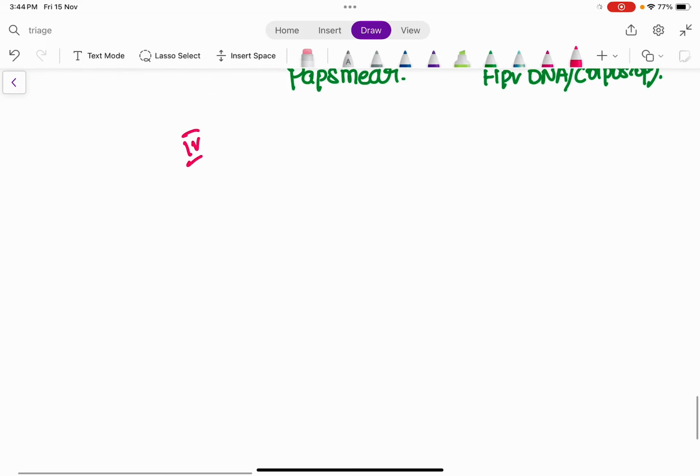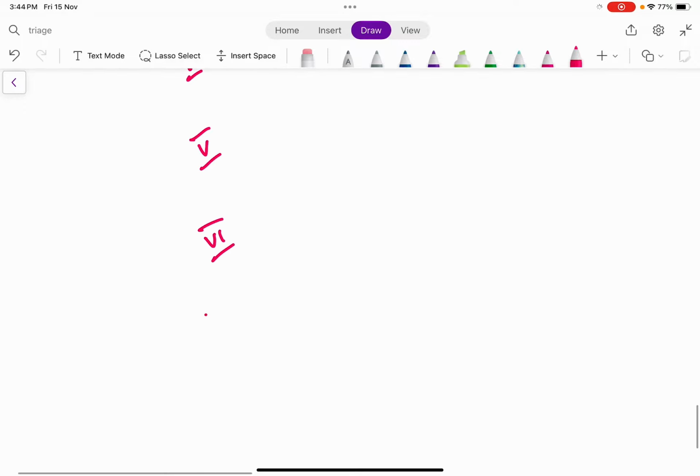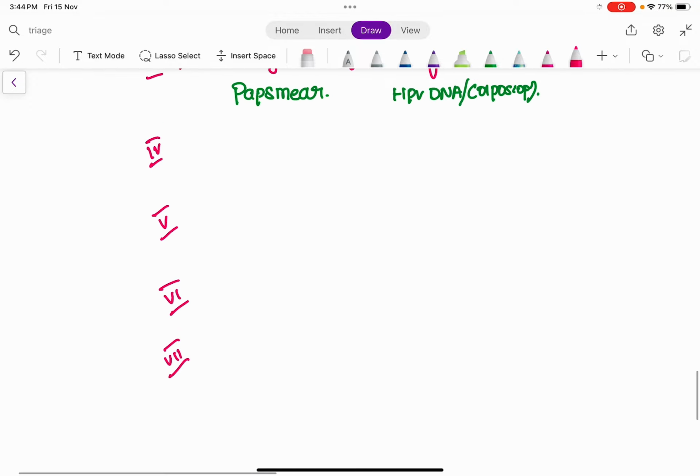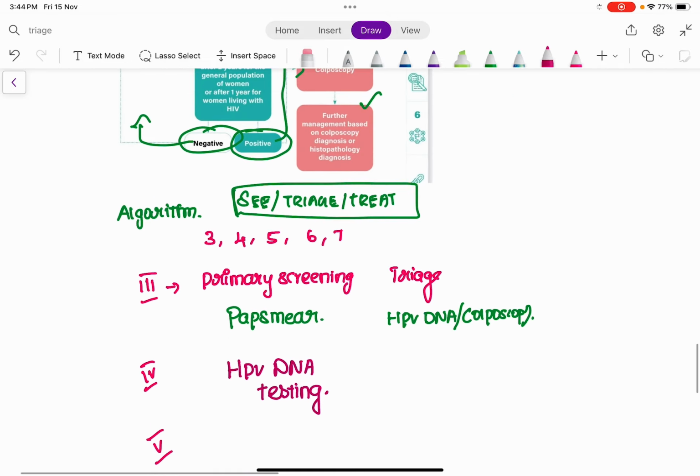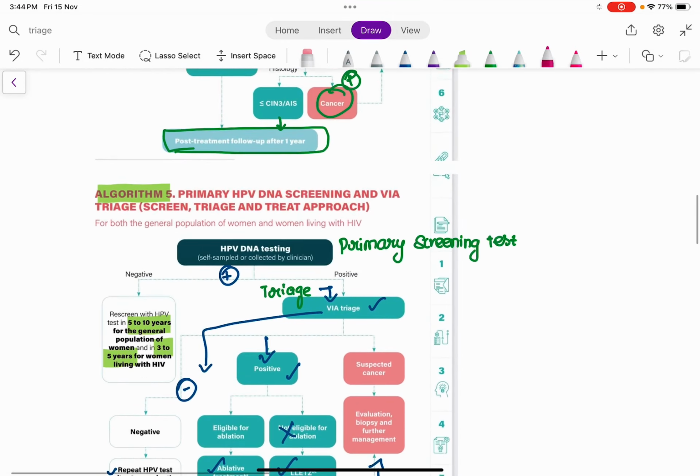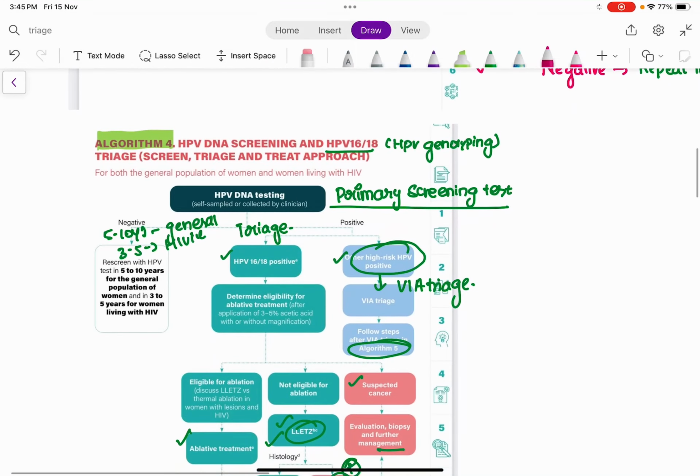Right? In 4, 5, 6, 7, in all of these we had HPV DNA testing as the primary screening test.